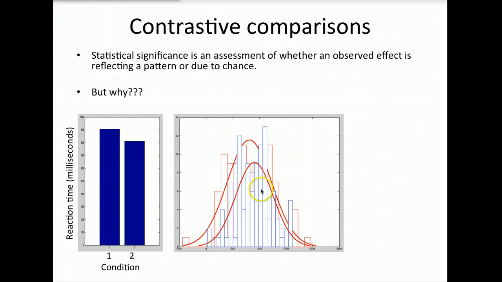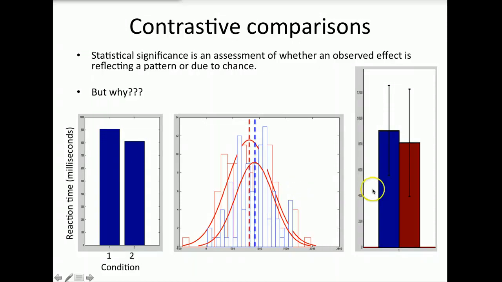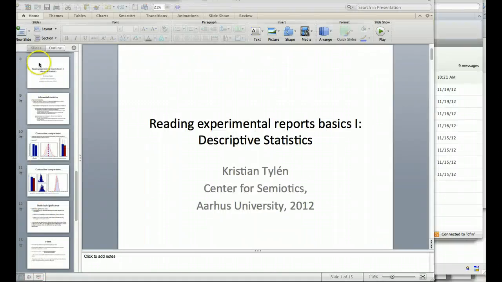Now let's try and plot these data in a way similar to how we plotted them in the previous video, where we put on the error bars. Here we observe really huge error bars, reflecting the great amount of variance in the sample.